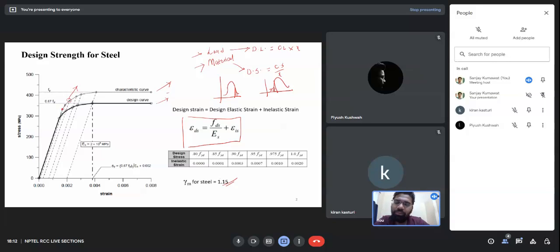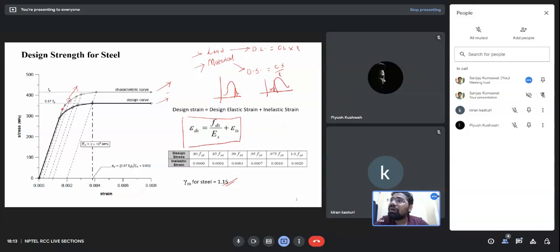I will have elastic deformation, and the other one is inelastic deformation. For elastic deformation, I will have elastic strain, which I can get directly from the linear portion of my graph. And the inelastic strain is measured through experiments, and these are the inelastic strains which are given.